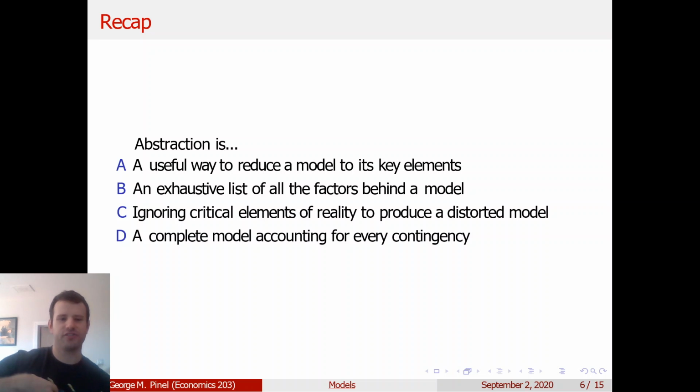What I mean by that is, you have the complex world of minimum wage and unemployment, and you're going to drive through only those factors that really matter. So do demographics matter for minimum wage and unemployment? Absolutely they do, for better or worse.